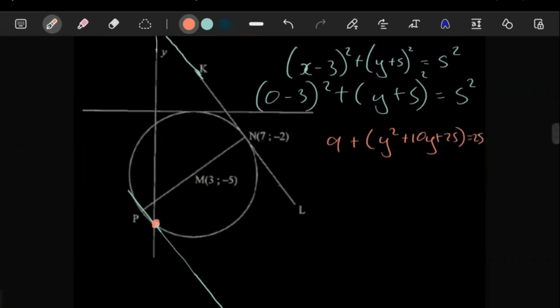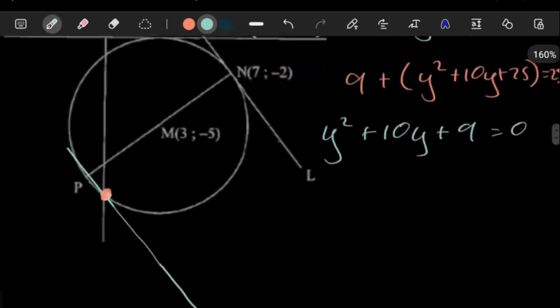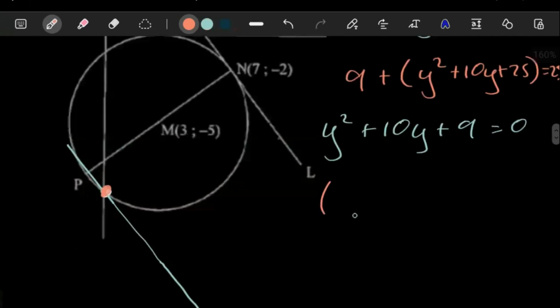Nothing crazy there. If you take everything to one side, you're going to have y squared plus 10y, and then 25 minus 25, and the plus 9 here, equal to 0. Factors of 9 that give 10 are just 9 and 1. To get a plus 10, you say plus 1 and plus 9.